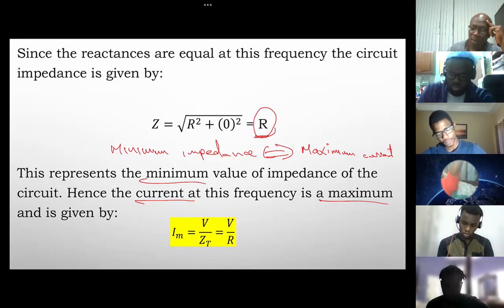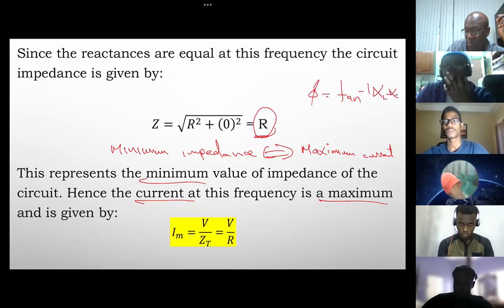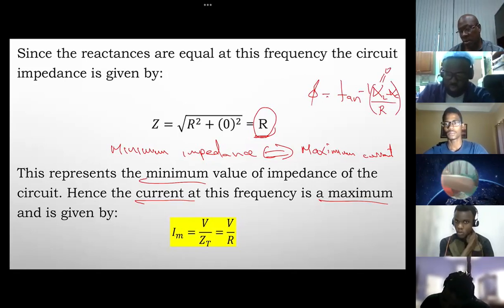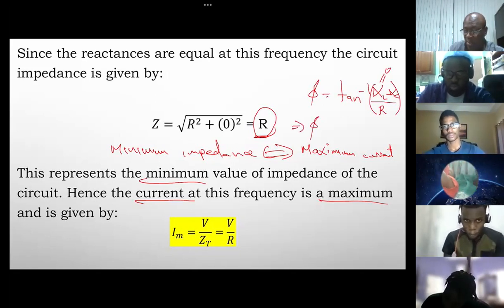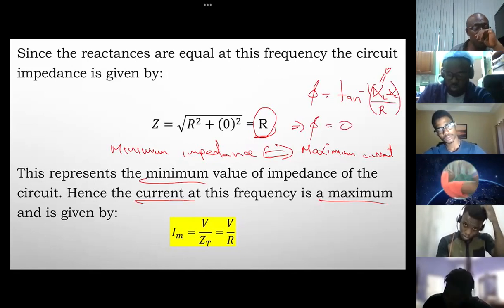Now, if you recall, when we were looking at AC circuits, we had that the phase angle phi was equal to the inverse tan of XL minus XC over R. Good? But at resonance, XL is equal to XC, or in other words, XL minus XC is 0, which implies that phi would be the inverse tan of 0, which is 0.